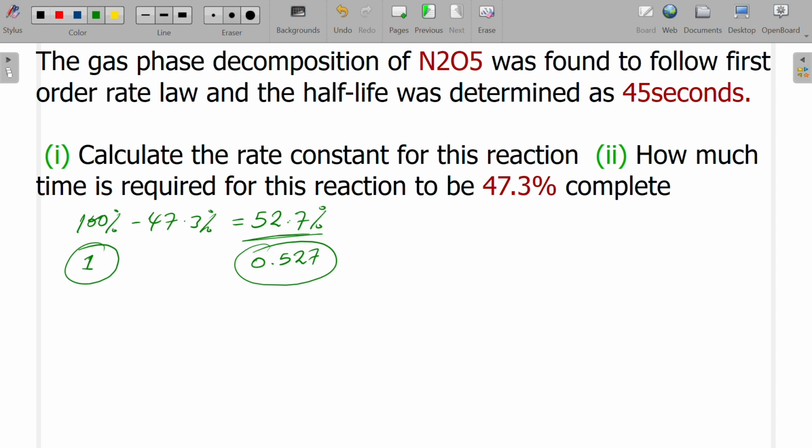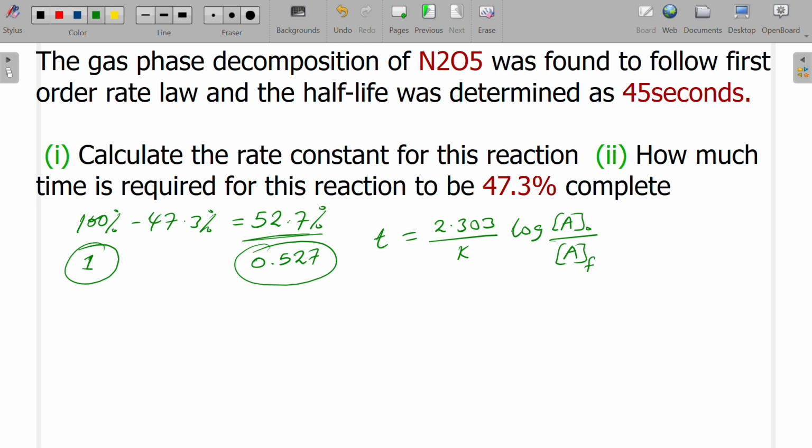The formula we need here is T, we are looking for time, is equal to 2.303 over K, and this will multiply by log of the initial amount on top there. In this case, we're representing it as concentration divided by the final amount, or that which will remain, like that.